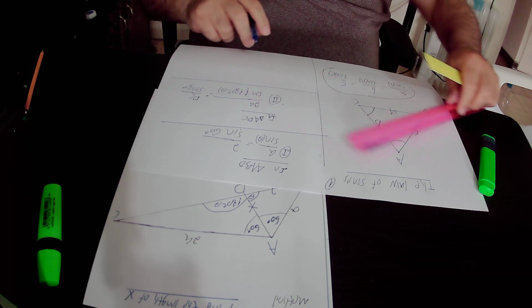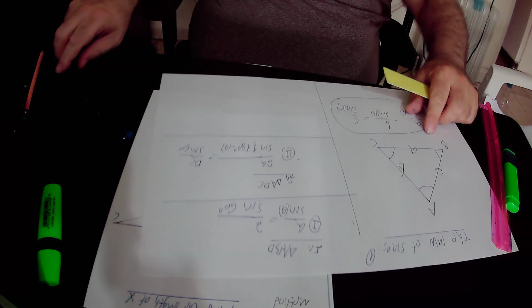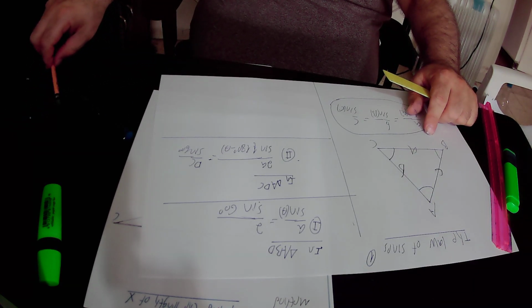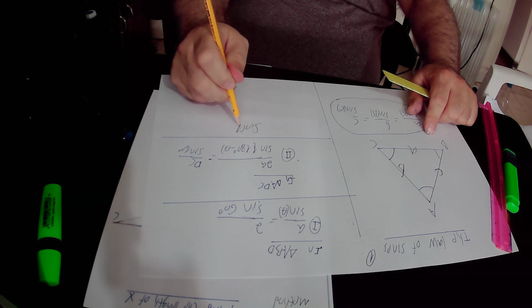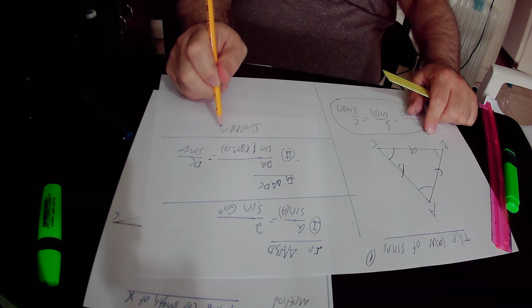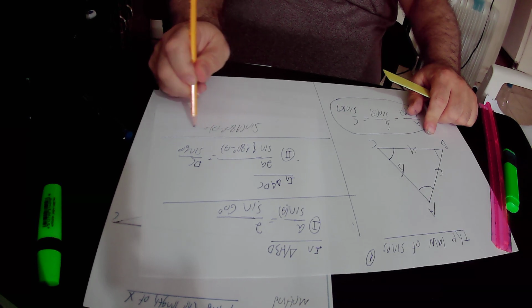We have the trigonometric identity that sine of 180 degrees minus theta equals sine theta.